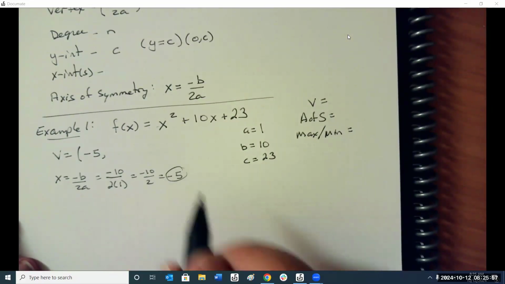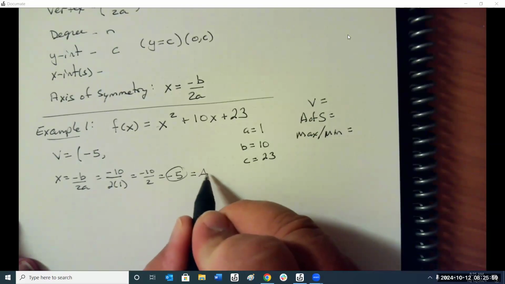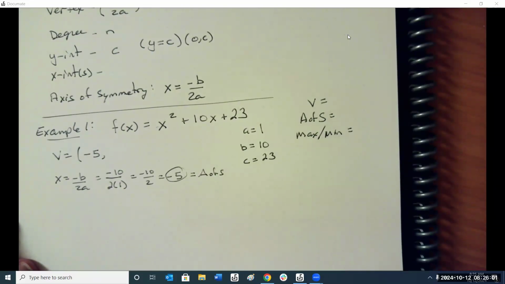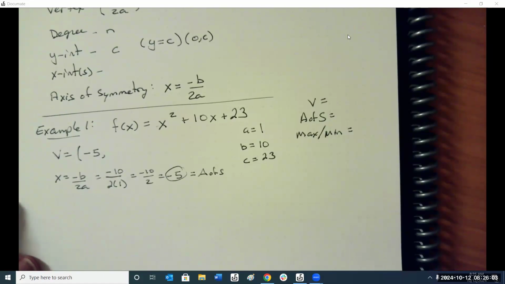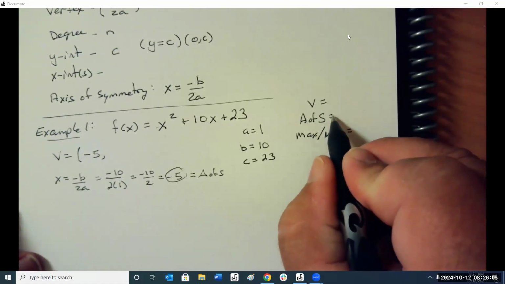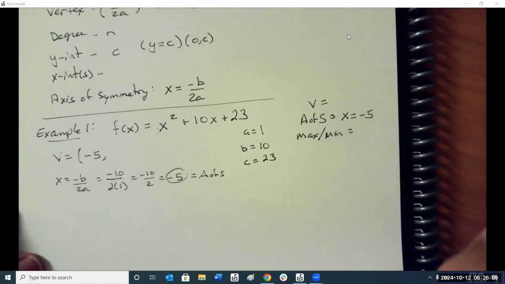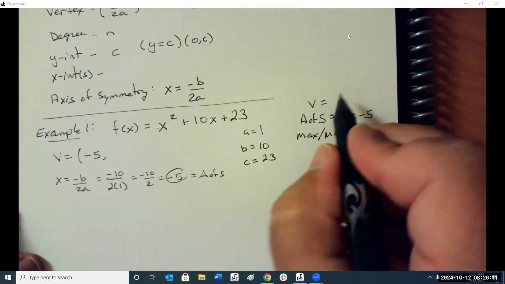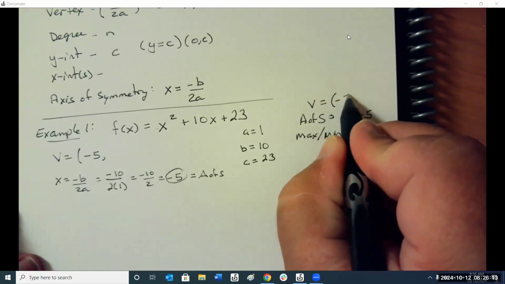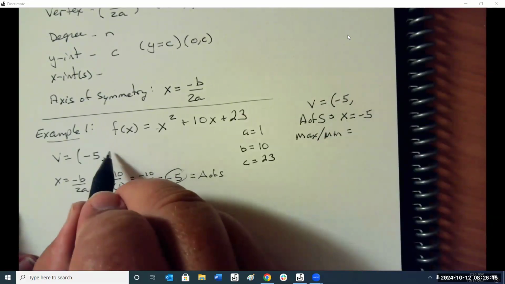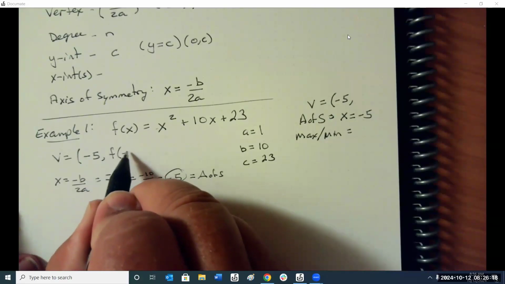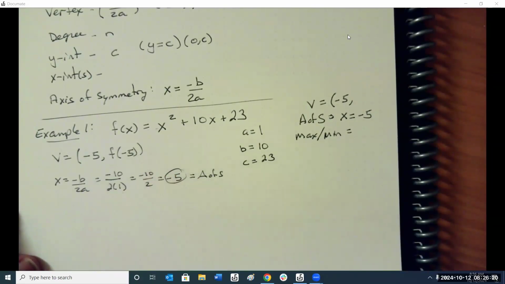So there's the axis of symmetry. The axis of symmetry is x equals negative 5. So the vertex has an x value of negative 5. Now the y value, I just take that value and plug it back into the equation.